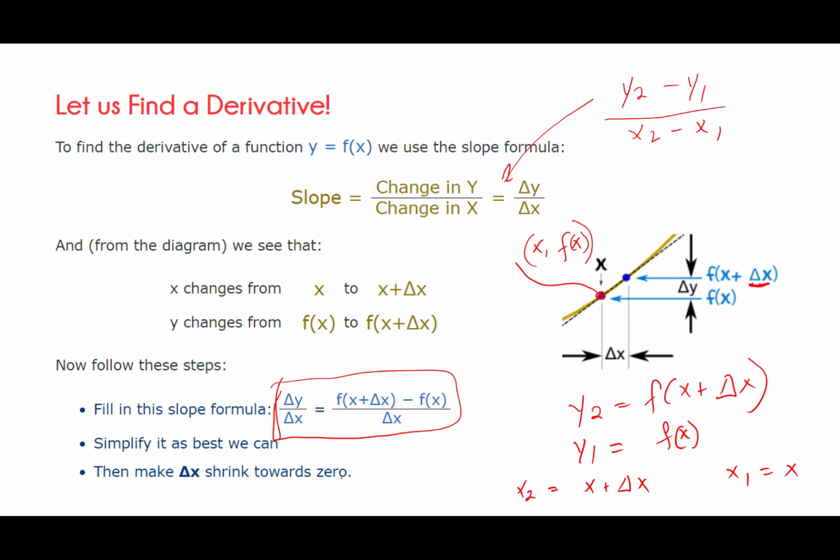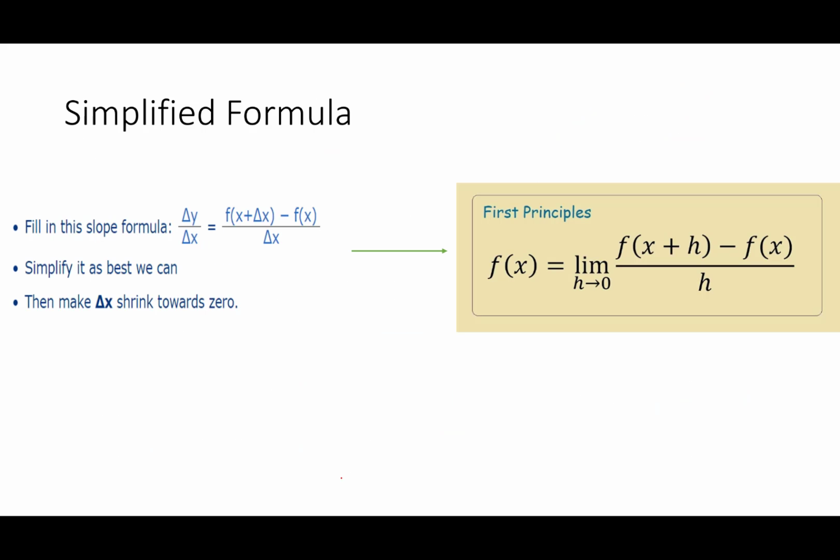So I'm going to approach 0, or try to get it as small as possible, to 0. That is how I'm now going to create the definition of the derivative. And to create the definition of the derivative, I recognize that the change in y over the change in x is equal to f of x plus delta x minus f of x over delta x, which is going to become this formula.